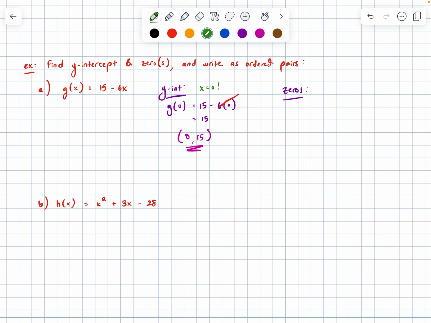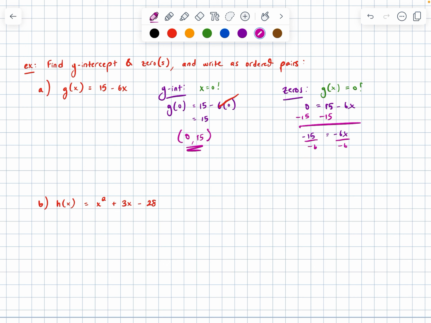Now I need to find the zeros. Again, zeros are just a fancy way to say that I'm working with x-intercepts. The way that I do that is by making the function itself here, g of x, equal to 0. So now I'm going to substitute in. 0 is equal to 15 minus 6x. If I solve for x, I should be able to get those points on my axis. Subtracting 15 from both sides here reveals that negative 15 is equal to negative 6x.